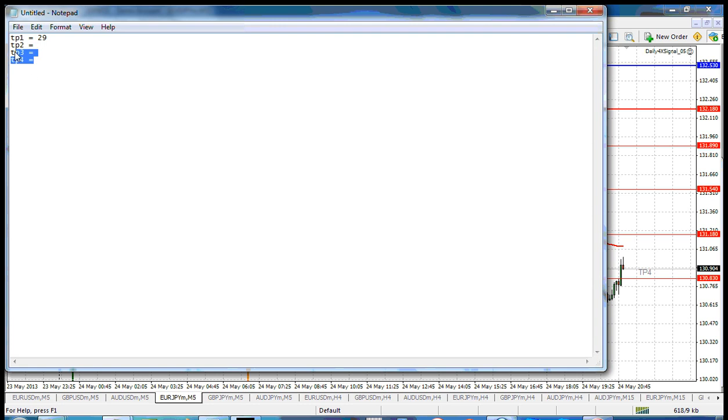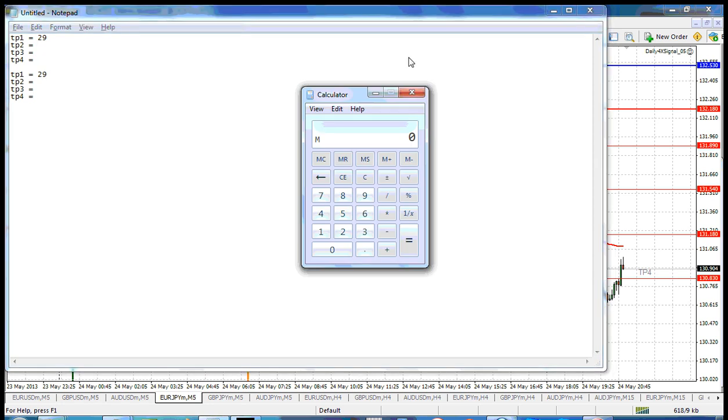And of course this will get repeated because there were 2 trades. So there you go. Let's have a look.